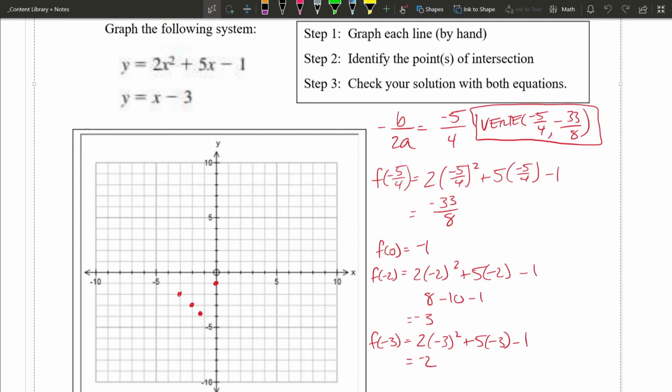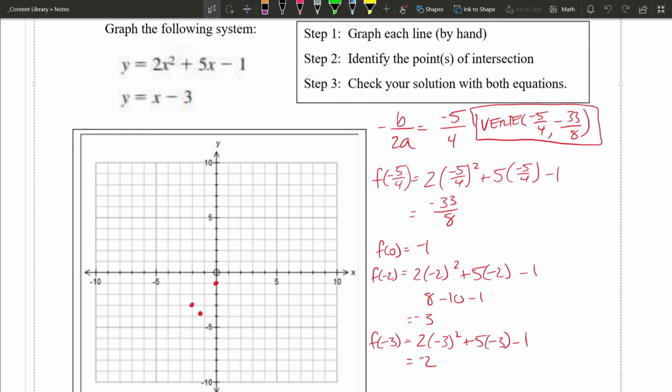I think I messed something up there. It's positive 2, right? Yeah, that's what I messed up.